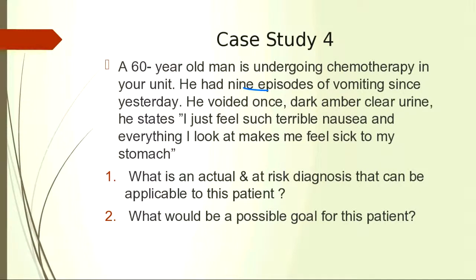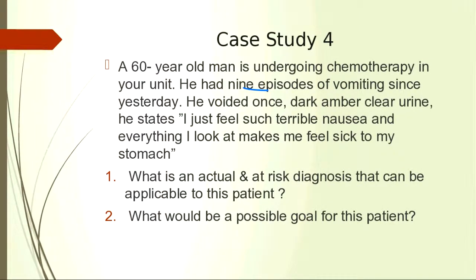Another actual priority could be nausea related to the chemotherapy treatment, as evidenced by the patient stating, "Everything I look at makes me feel sick." So these are actual, so these are my priority.